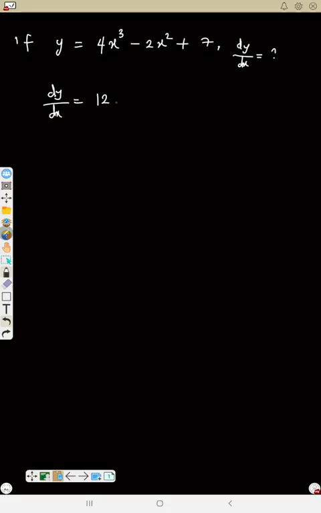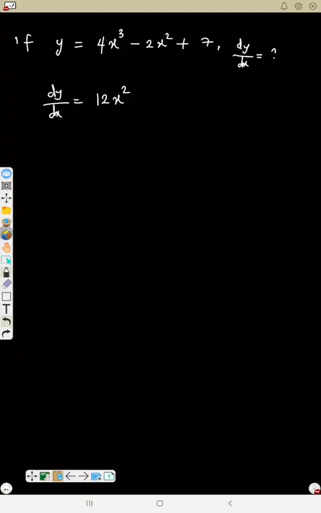Now if y is equal to 4x raised to power 3 minus 2x squared plus 7, find the dy over dx. So the dy dx will be, as usual, 12x raised to power 2.